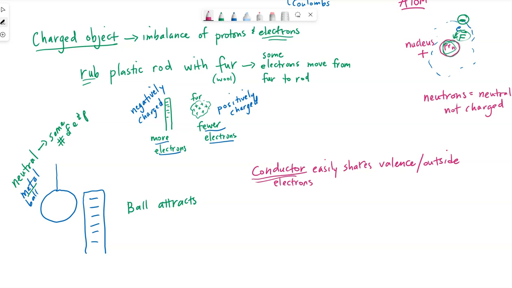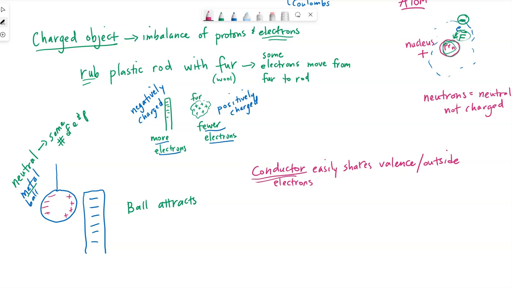So if I come back to this metal ball, what's going to happen is some of those valence electrons are going to move over to the left side because they are being repelled by the rod. That leaves a net positive charge on the right side because some of the electrons from those atoms move to the left.